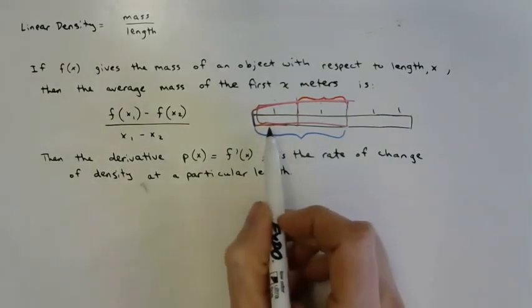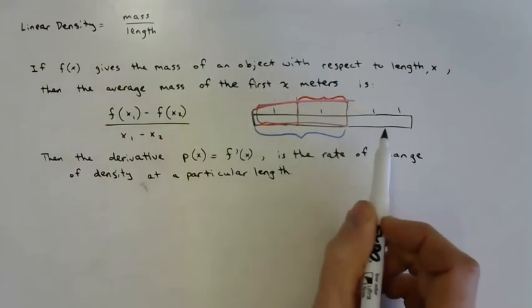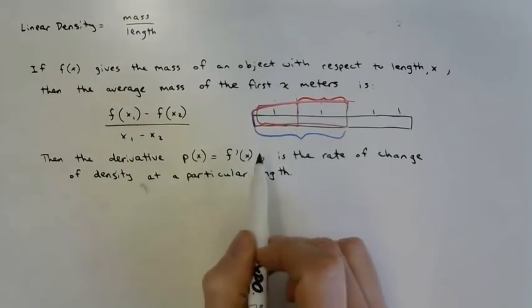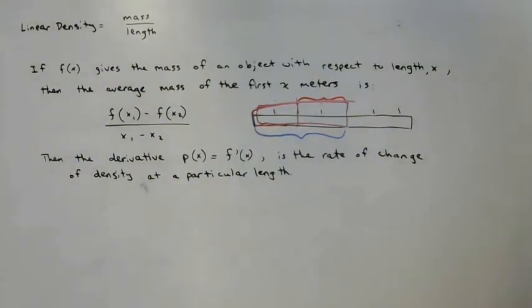So if the density of this object was changing along its length, then its derivative function would tell us how that change is occurring, the rate of change of that density.